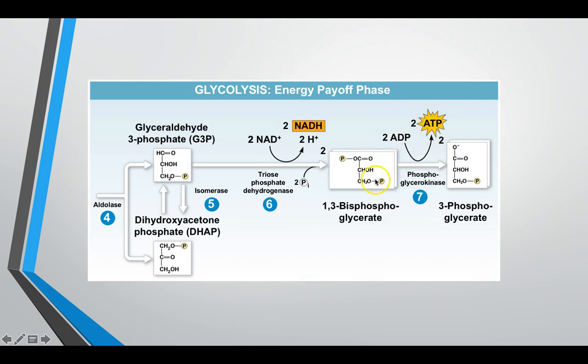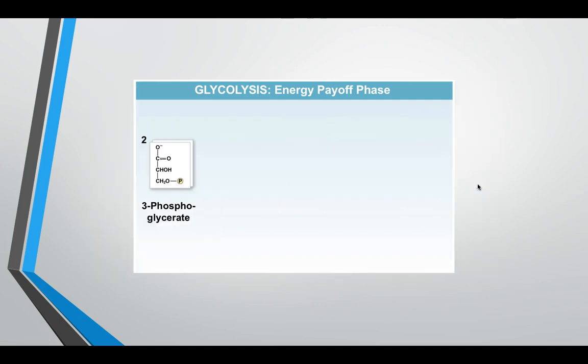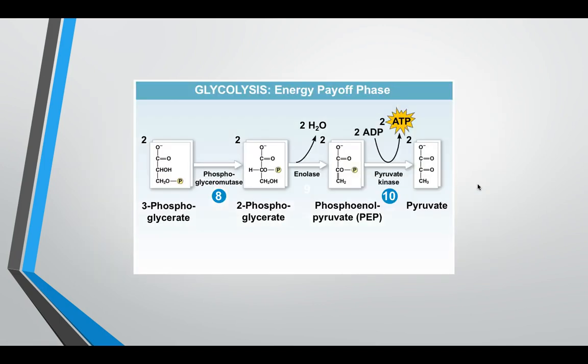Because I have removed the phosphate from the number 1 carbon, I no longer have 1,3-bisphosphoglycerate. I now have 3-phosphoglycerate. Remove the phosphate, change the name. 3-phosphoglycerate is going to be mutated.